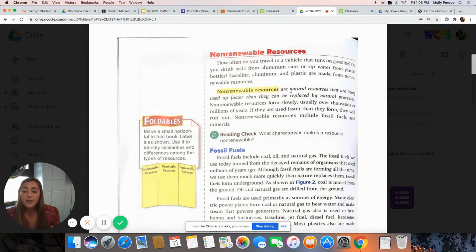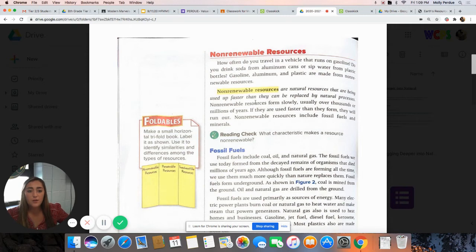So when I'm reading this, I'm taking note that non-renewable is highlighted and bolded, and then looking at that definition, right? Non-renewable resources form slowly, usually over thousands or millions of years. If they are used up faster than they form, they will run out.